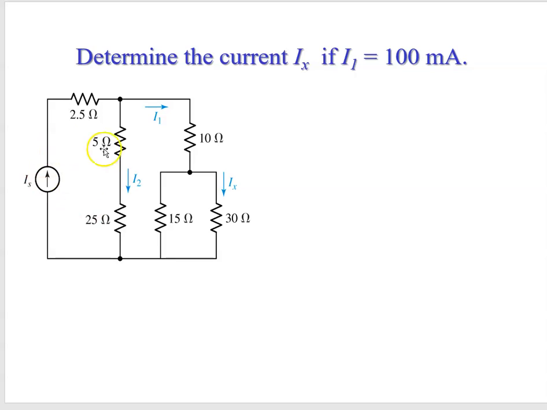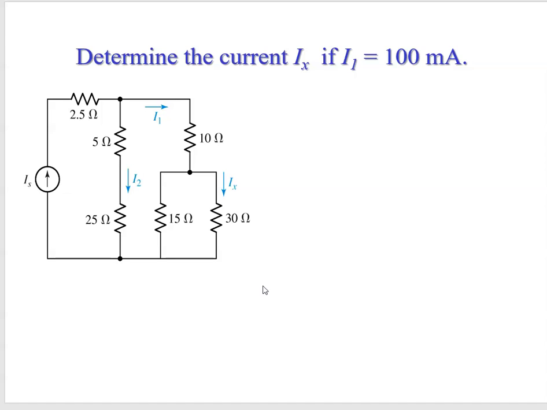Even though we have more stuff going on over here to find I1, this I1 is going to flow in, and it's going to have to be divided between the 15 ohm and 30 ohm resistor. So we can use current division here. We could go through and try to find the parallel combination, or we could find voltage division. There's a number of ways to do this, a little bit more complicated.